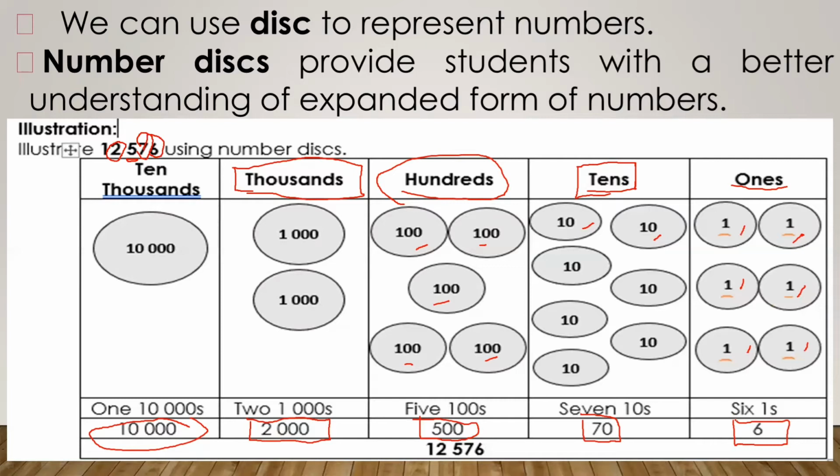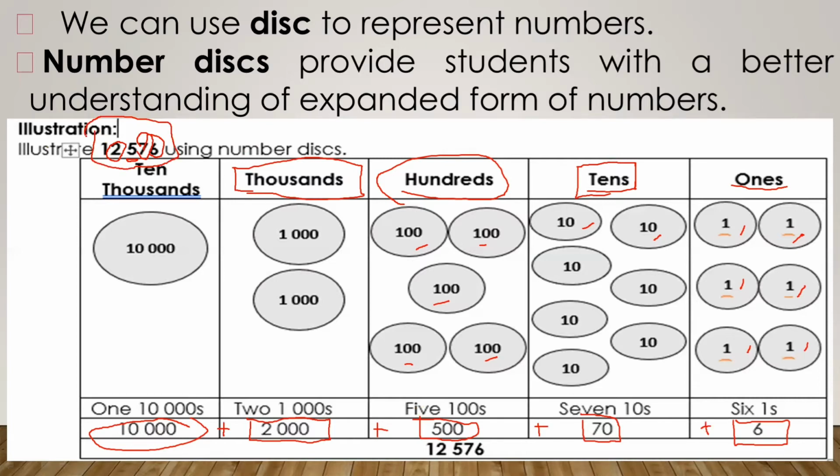So, ano ba ang expanded form ng ating 12,576? So, ang gagawin lang natin dito is lalagyan lang natin ng plus. So, magiging 10,000 plus 2,000 plus 500 plus 70 plus 6 is equal to dito sa ating given na 12,576.